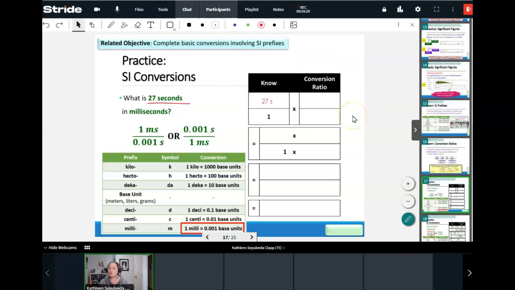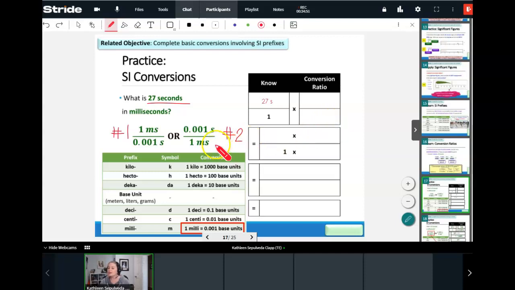Now, here are my conversion ratios. I have conversion ratio number 1 right here, and I have conversion ratio number 2. Now, in order to figure out which one I need to use, I always want to put the unit of the known. So my known is 27 seconds. I always want to put the seconds on the bottom.